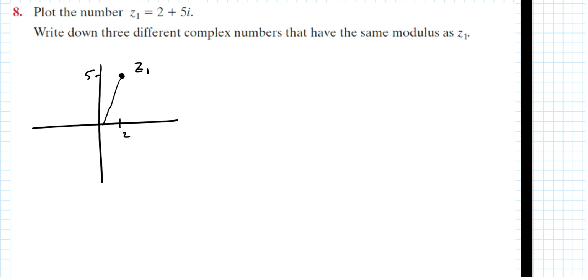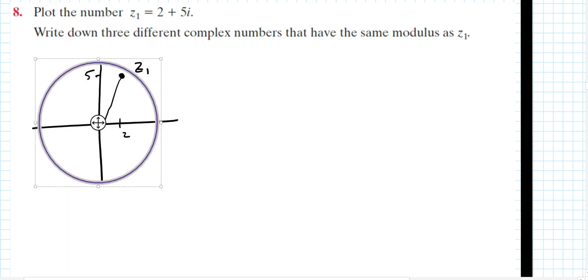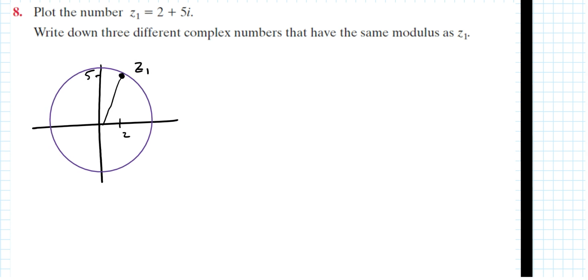Well, if you were to imagine you had a compass and could center it on the origin and make its radius the same as Z1, any point on that circle is going to have the same modulus.